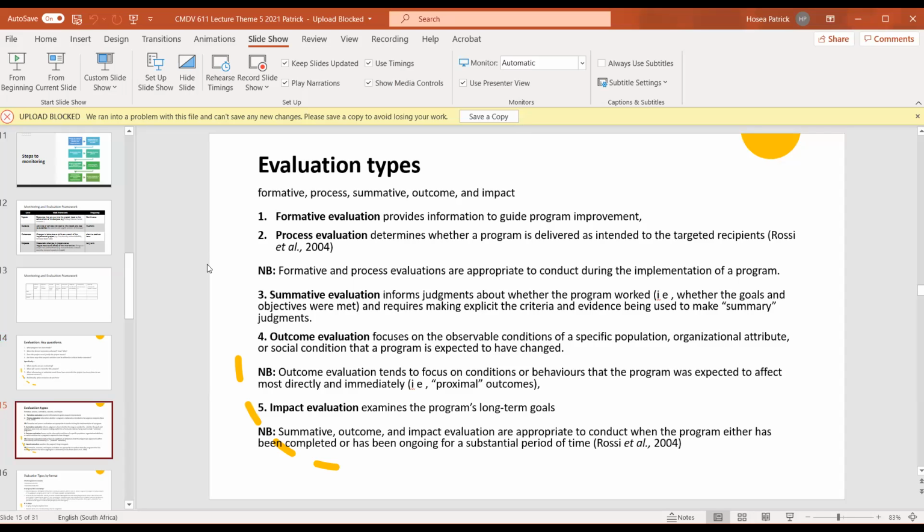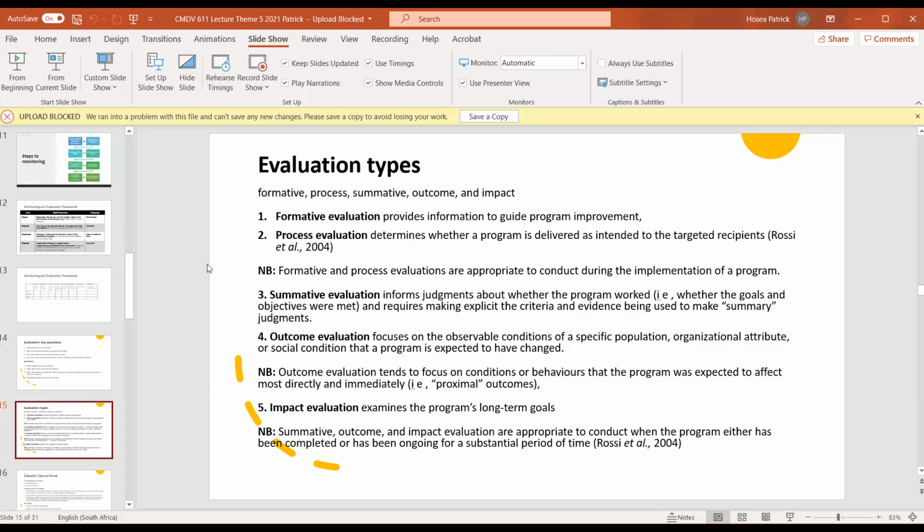When we talk about the formative evaluation, it is carried out in the course of the project, right? You tend to look at, okay, are we still on course? So that's what we do here. We provide guidelines to improve that particular project, because it is carried out while the project is still ongoing.